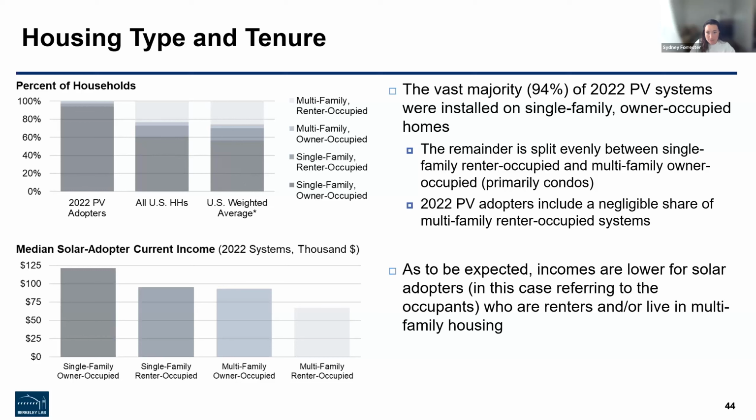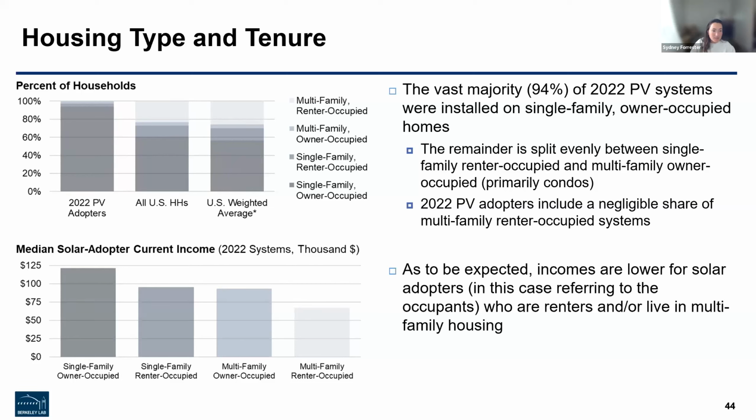Extremely negligible in our data set are multifamily renter occupied rooftop solar systems, which is consistent with the understanding in the industry and obviously the need for other solutions like community solar, which are out of scope of this data set. And here in the lower figure, we compare incomes across these different groups of adopters.